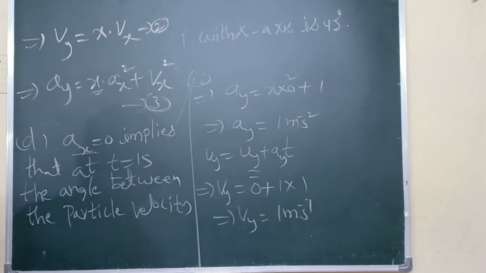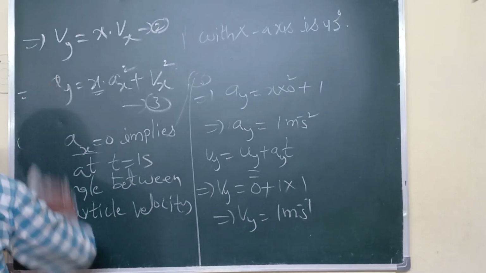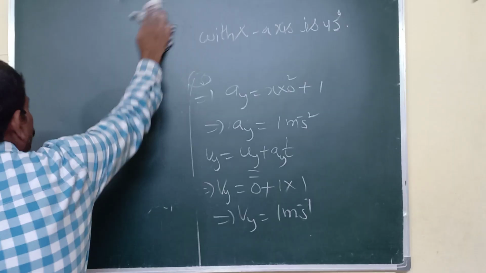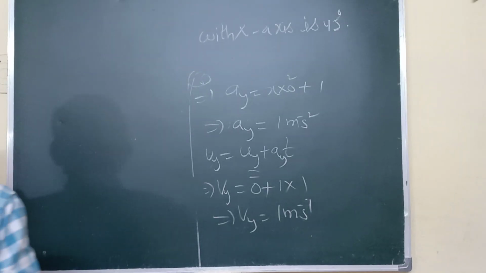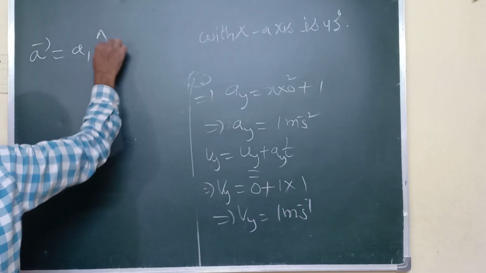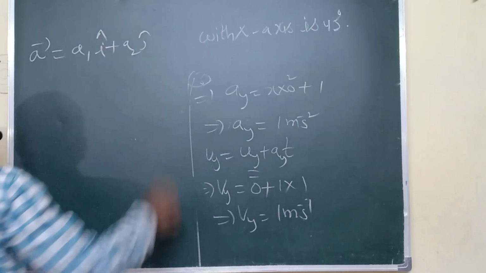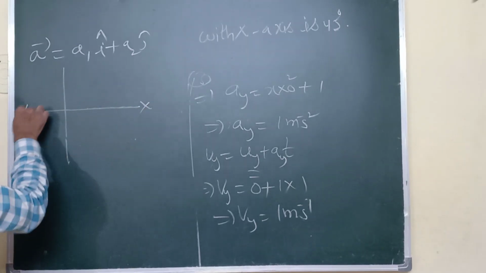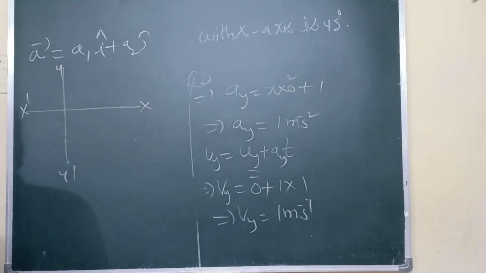Now what is being asked? At 1 second, it is making 45 degrees with x axis. What is the formula for tan theta? You go to the concept. For example, I am taking a vector A equals A1 i plus A2 j. This is the x axis and x dash and y dash.